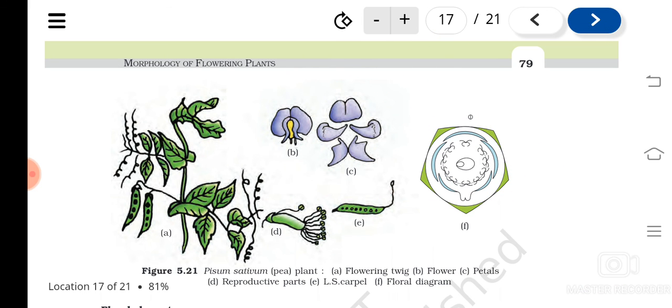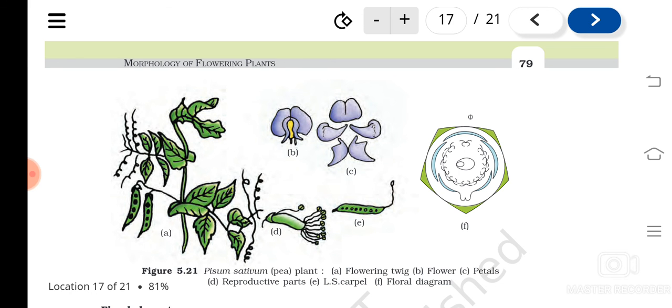So this kind of arrangement where there are 5 different petals: one standard petal which is completely outside, wing petals where one side is inside and one side is outside, and keel petals where both ends are inside. This kind of estivation is known as vexillary estivation. Okay, vexillary estivation.